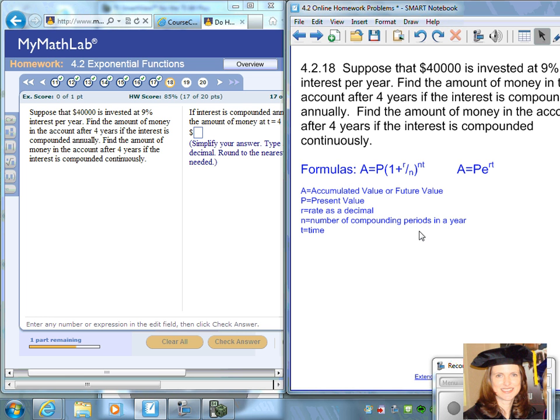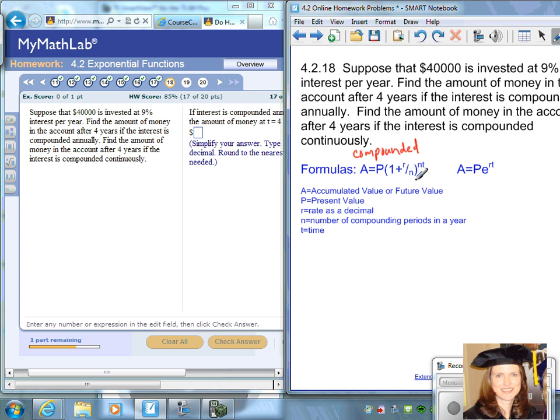If it's compounded continuously or compounded annually, we have to choose one of the formulas to use. This first formula is for compounded interest, if it's compounded monthly, yearly, annually, semi-weekly, weekly, daily, any of those types of compounding periods.